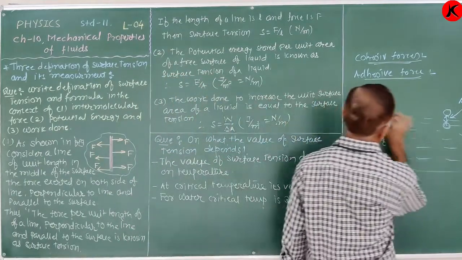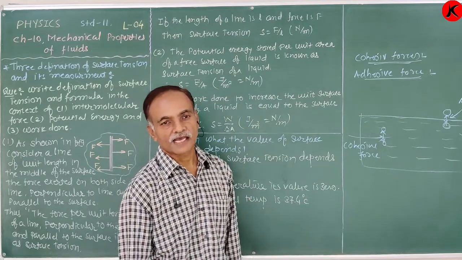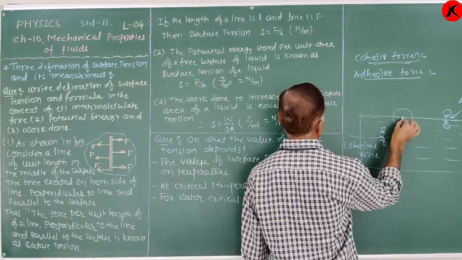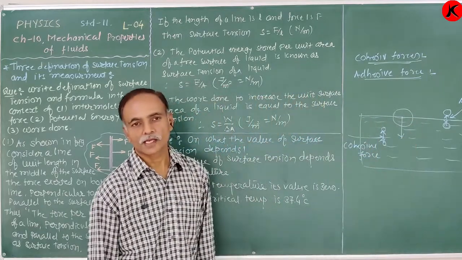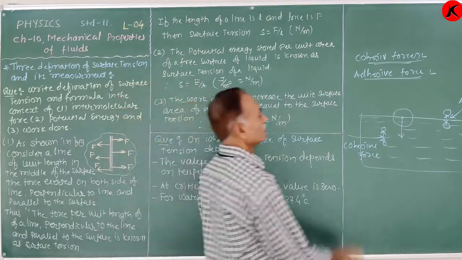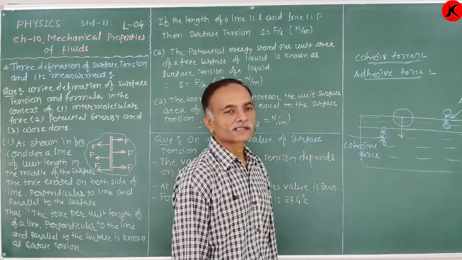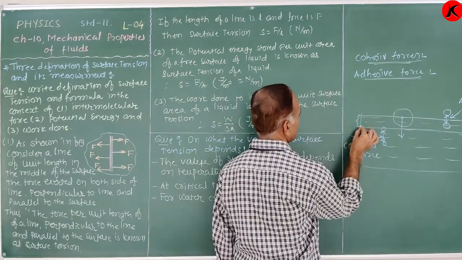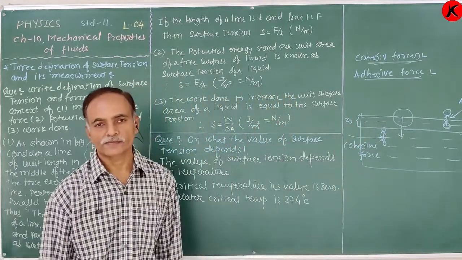Now, what about the molecules on the surface? They have the tendency to go below the surface. Not all molecules have this tendency. Only the molecules within a region whose length is equal to the range of intermolecular forces, R0.